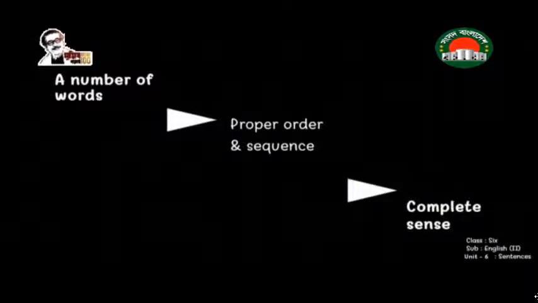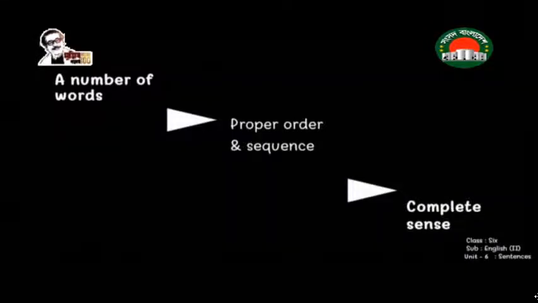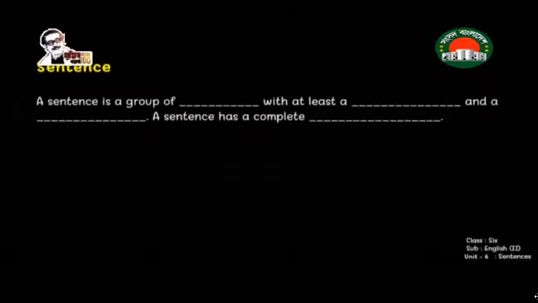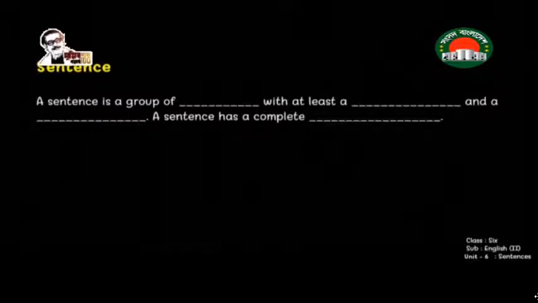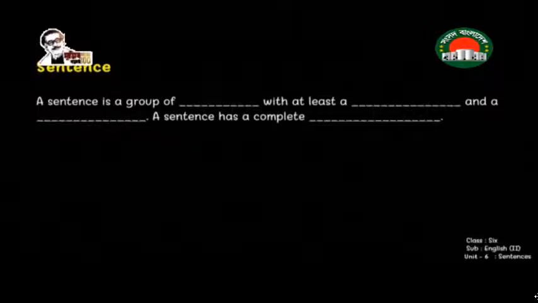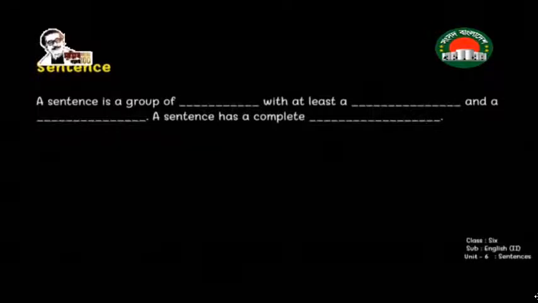Exactly. You know what? You already know what a sentence is. Are you surprised? So let's see. Read the following text and fill in the gaps. If you fill in correctly, you will be able to define what a sentence is. And I'm pretty sure all of you know what to put in the blanks.